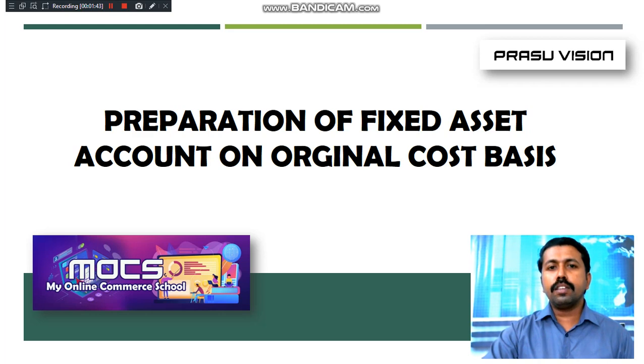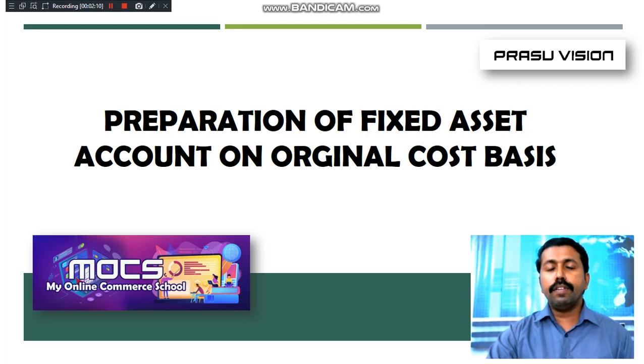The fixed asset account is prepared to find out the purchase of asset, and the accumulated depreciation account or provision for depreciation account is prepared to find out the actual amount of depreciation charged during the year. So it is very clear. After that only we can prepare the cash flow statement from investing activities.